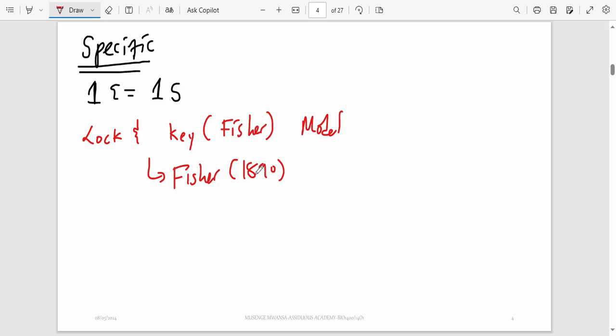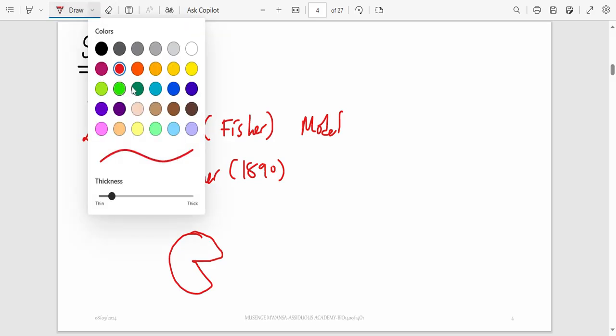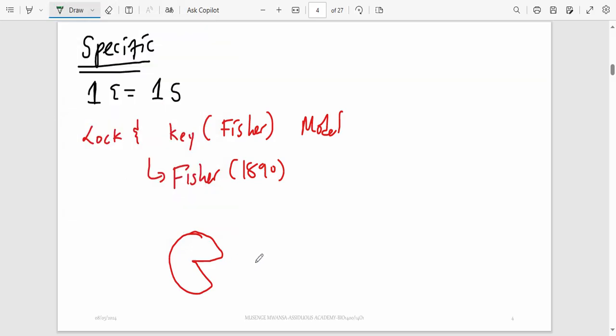According to Fisher, an enzyme has a site that is going to exactly fit with the substrate. So the substrate is like this, and you can see the way the enzyme is. When the enzyme fits with a substrate, you first form the enzyme substrate complex before you form the product. So you have enzyme plus substrate, then the enzyme substrate complex, and after that, the product. Okay, that is it.